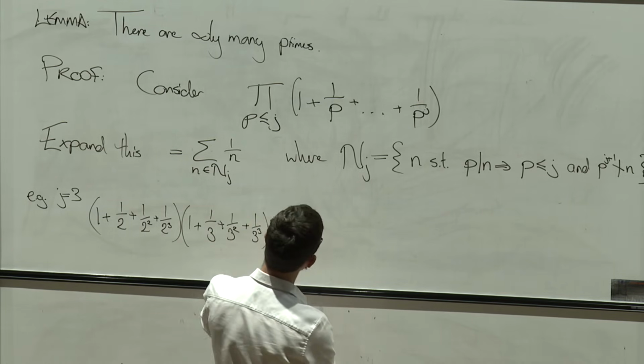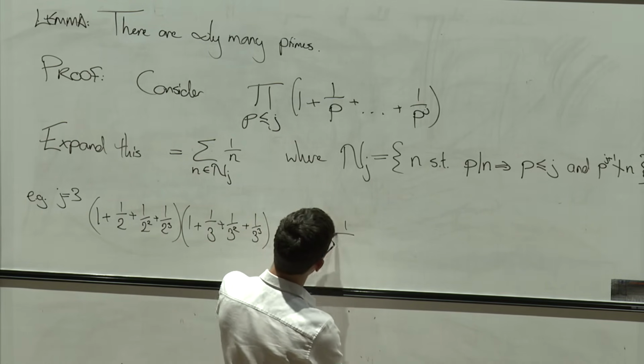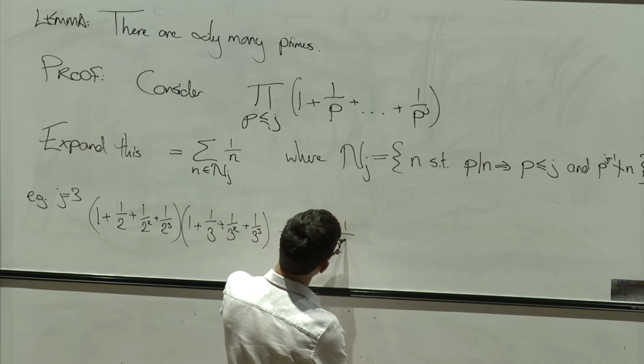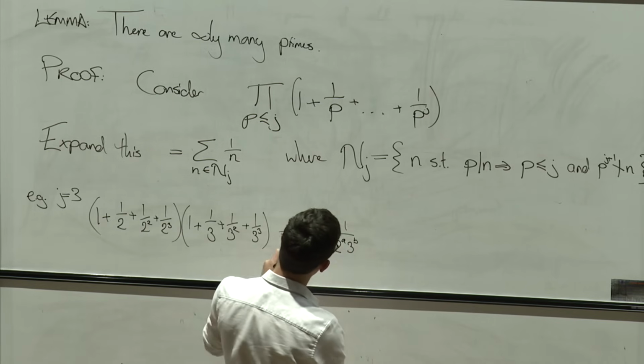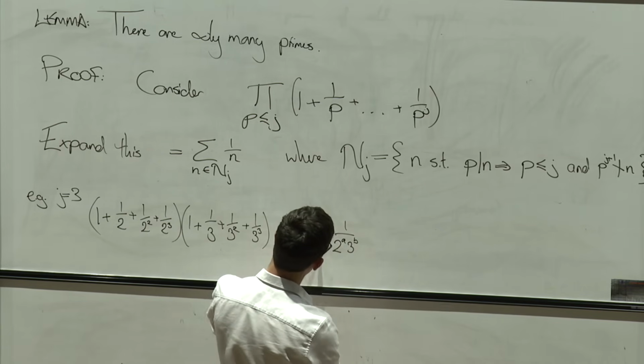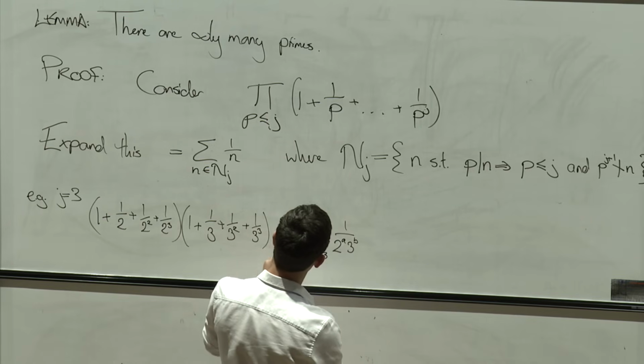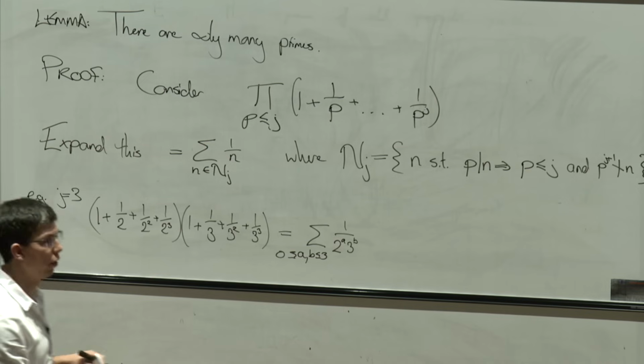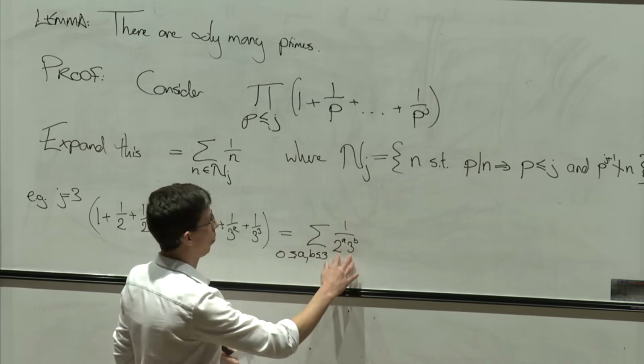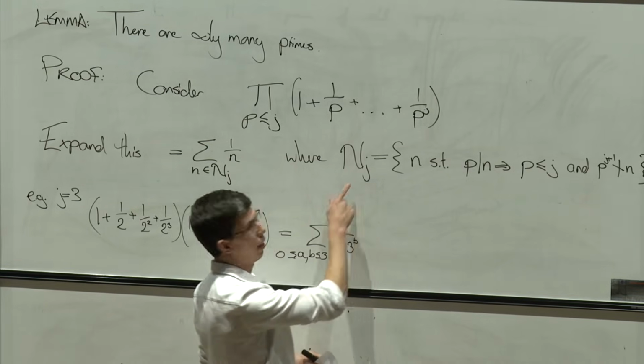And this can be written as the sum of 1 over 2 to the a, 3 to the b, with a and b both being between 0 and 3, and that's precisely the set N_3.